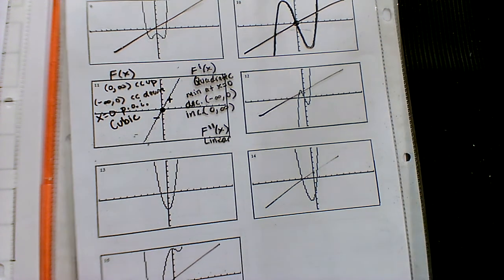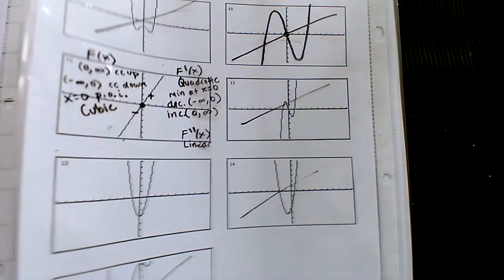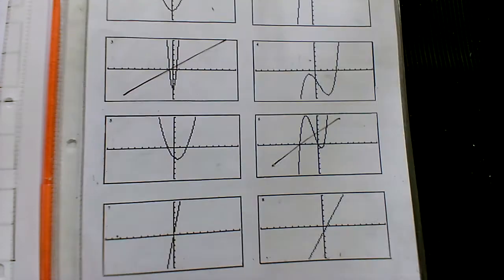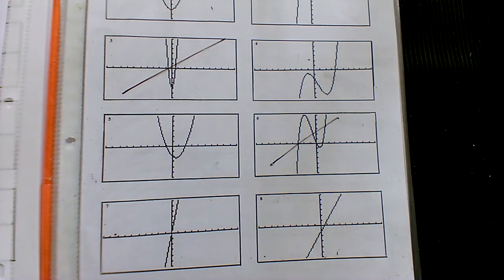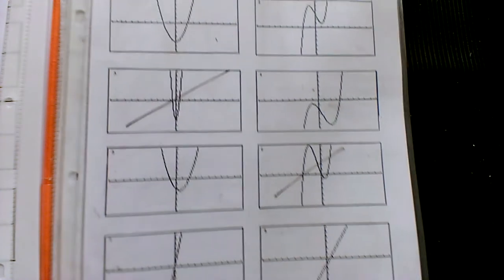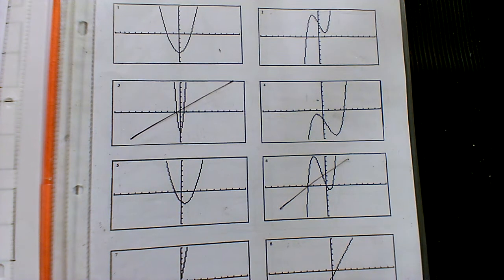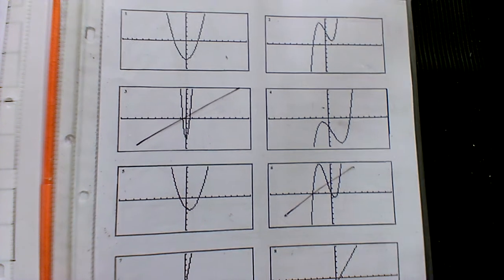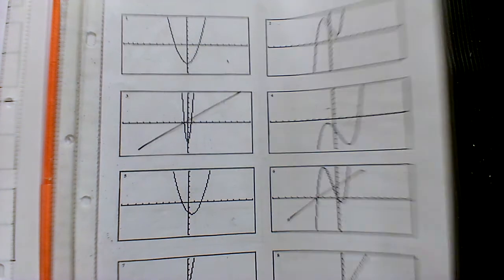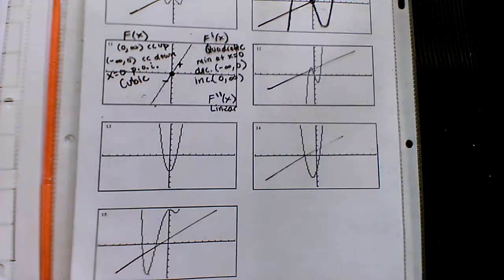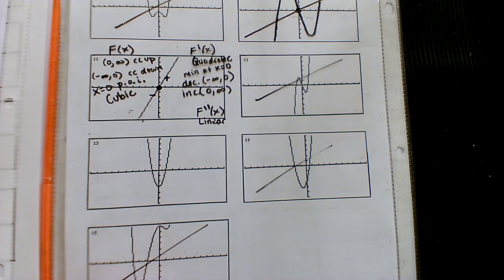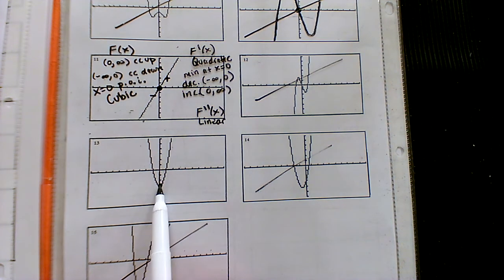We have any ideas? Or can we narrow it down at least? Let's see, when I look at 13, there's a minimum at x equals 0.